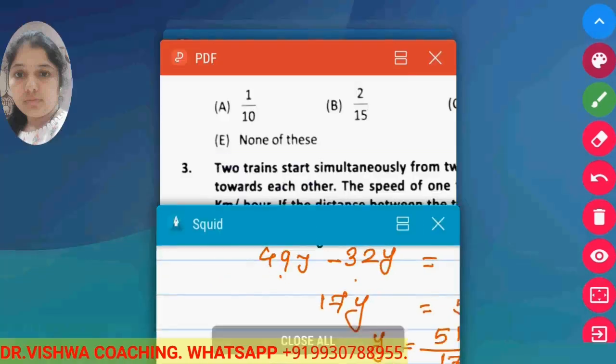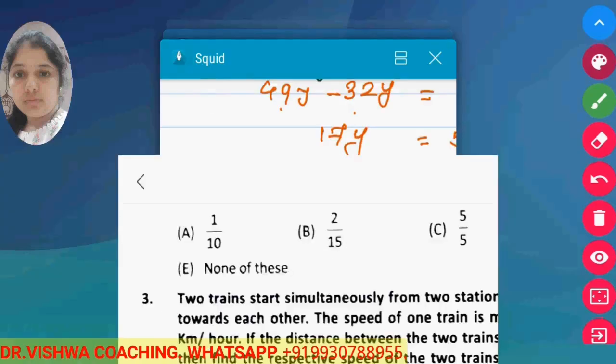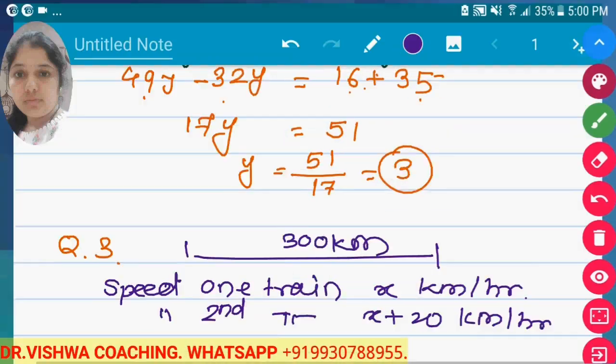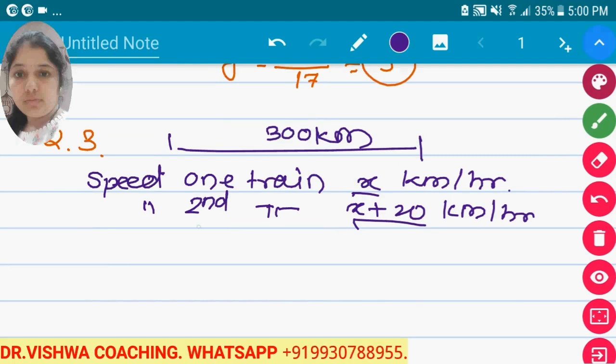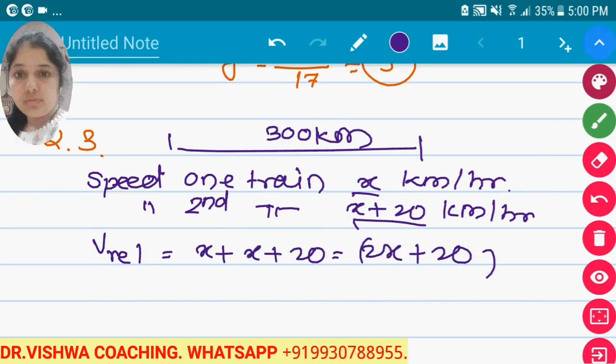Okay, and here our answer is in kilometer per hour, so no need to convert kilometer per hour to meter per second. Now this is the speed of one train as x, and this is the speed of the other train as x plus 20. Now relative speed means combined speed of both the trains is x plus x plus 20, means 2x plus 20.